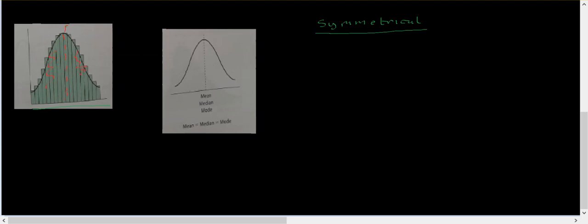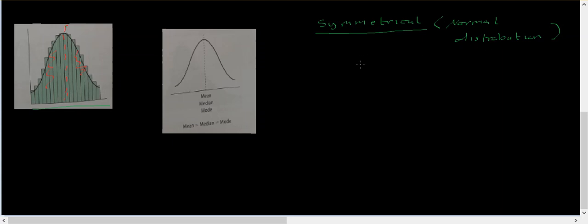Another word that we can use to represent this is a normal distribution. So it's just a normal distribution.